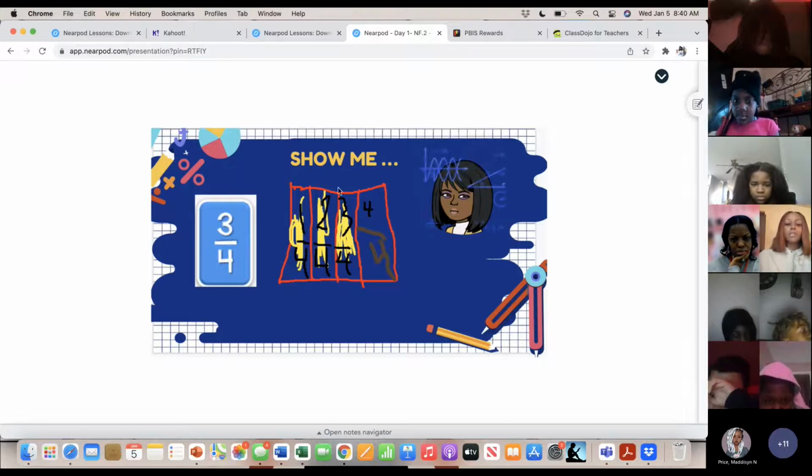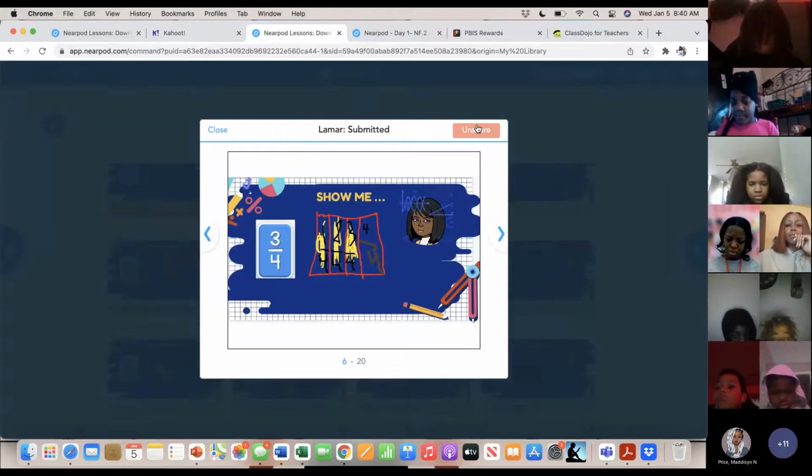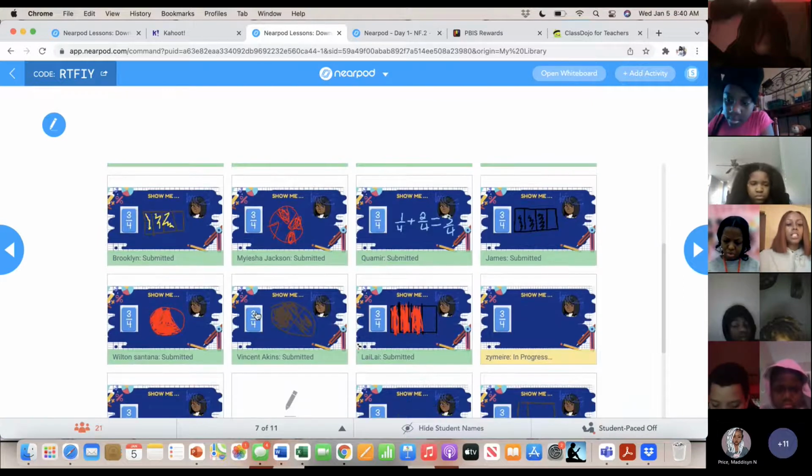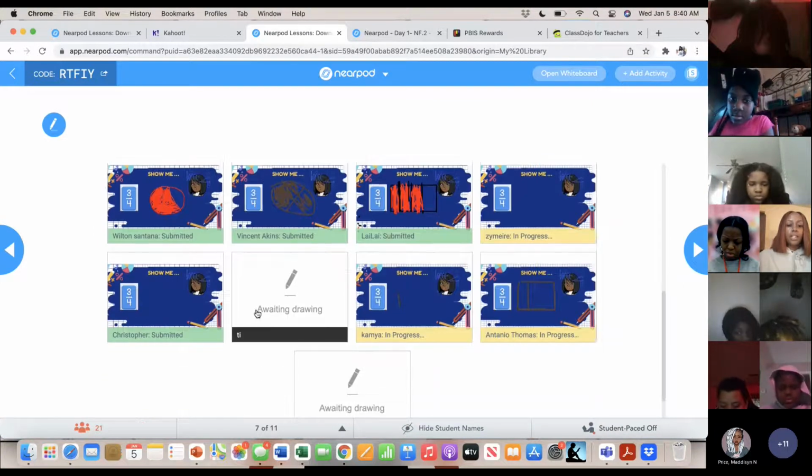But he was able to use his fractions. Each one is worth 1/4, and he added them all together. Good job, Lamar. I like seeing different. This shows you that you all are creative. You're still smart. You just take different ways to show them. Okay. Good job.